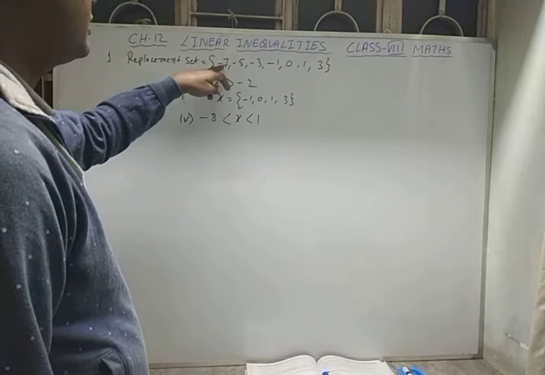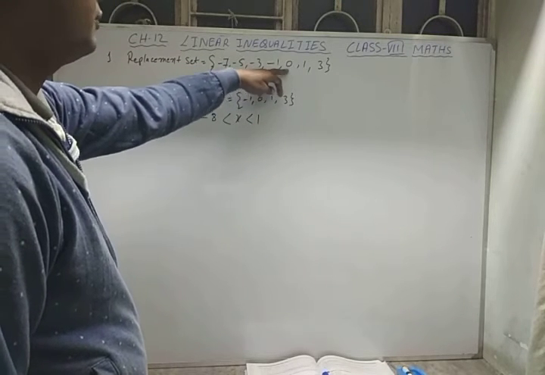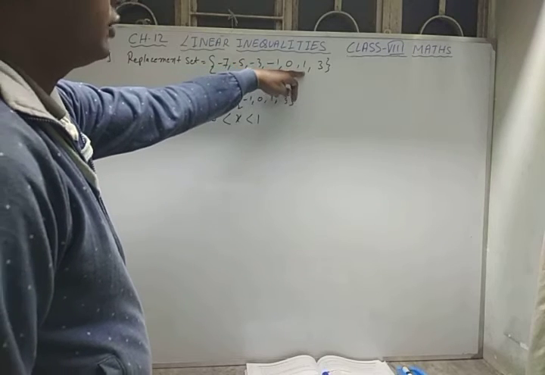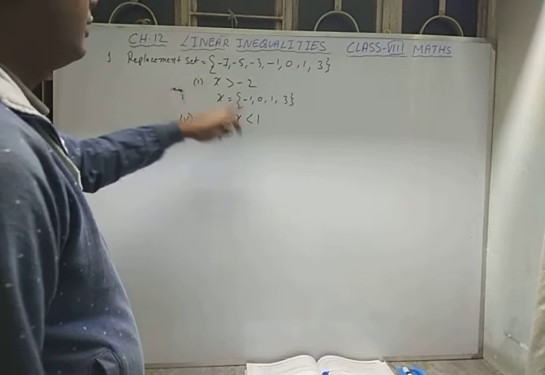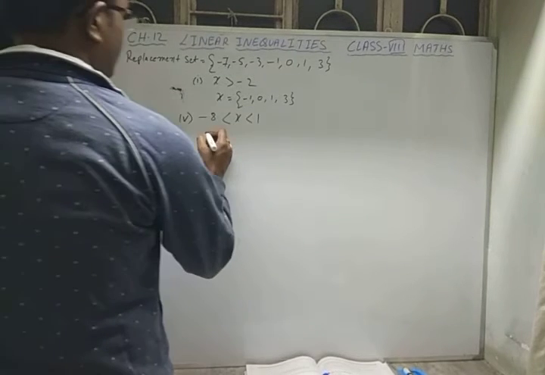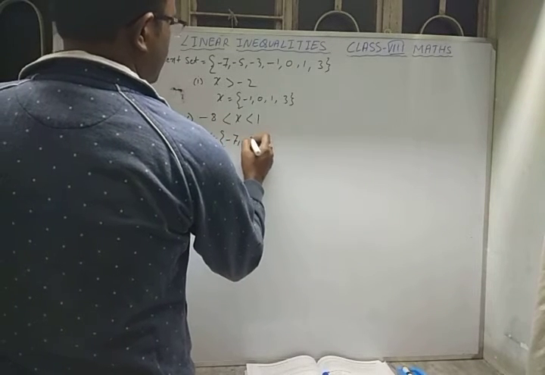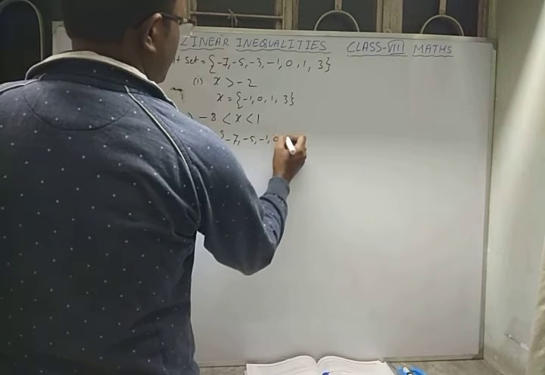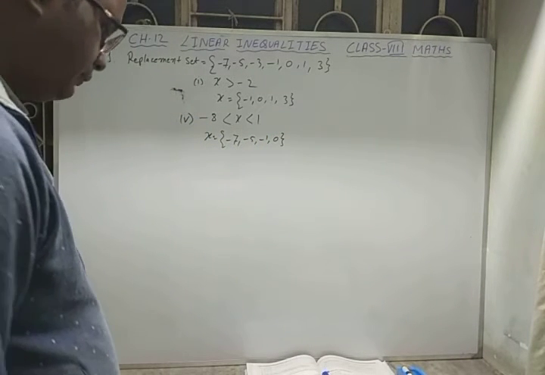Greater than minus 8 are minus 7, minus 5, minus 3, minus 1, 0. Up to 0 it will be, because 1 cannot be taken as the equal to sign is not there. So the solution set will be minus 7, minus 5, minus 3, minus 1, 0. That's it. This is the answer.